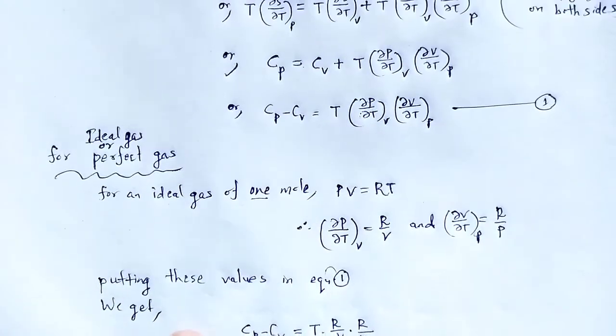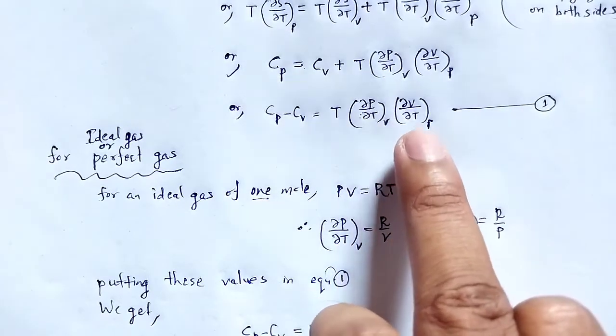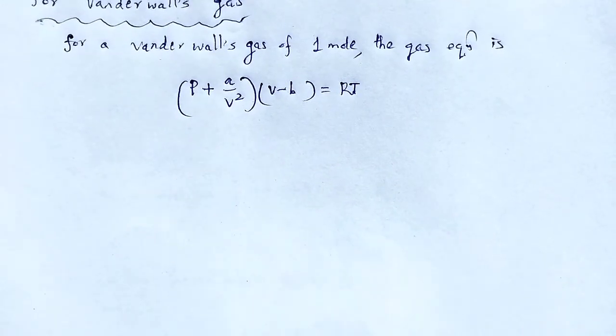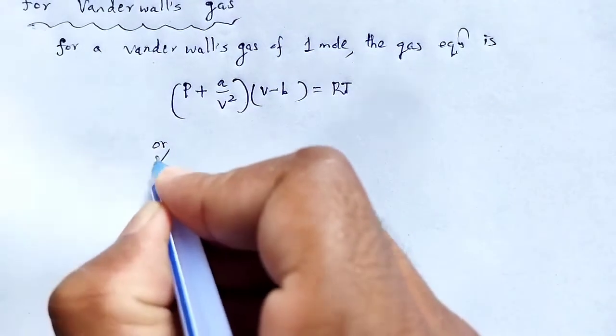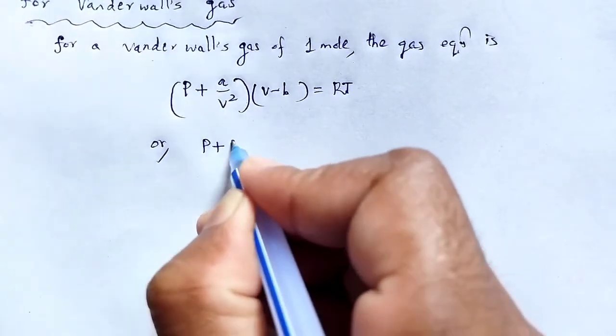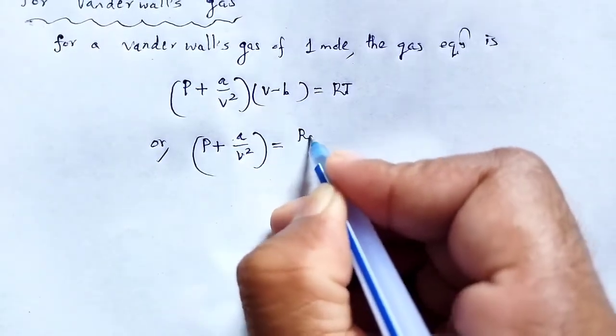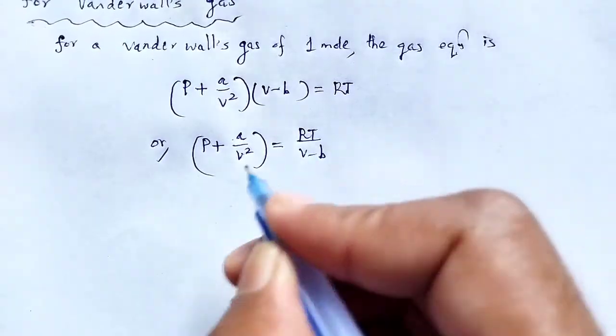Our task is to find out del P by del T at constant volume and del V by del T at constant pressure. So, how do we calculate these two? Therefore, from that equation we take P plus a by V square is equal to RT divided by V minus b.